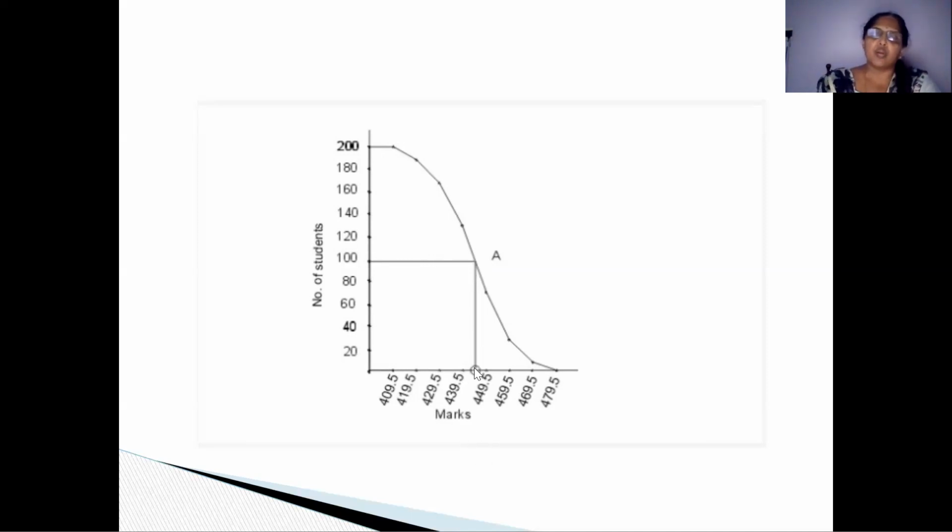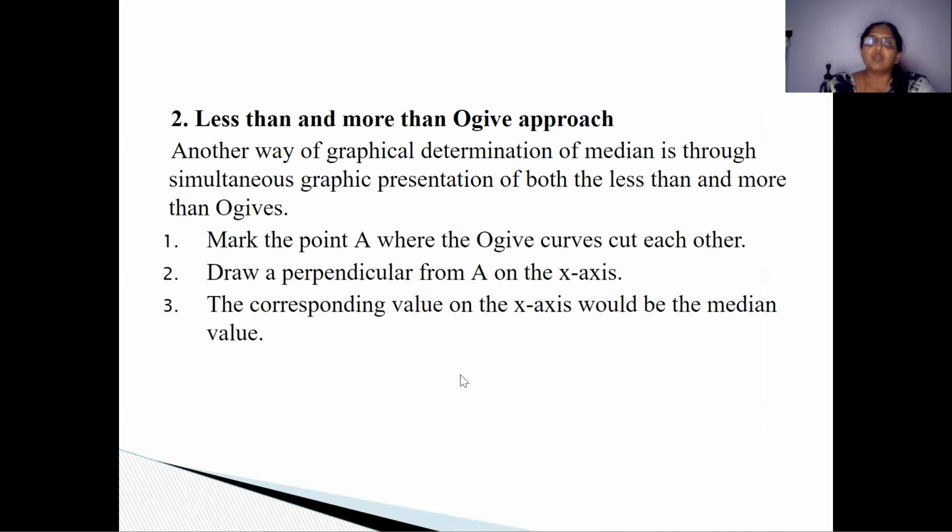Here also the same point is touched. If you calculate by using the formula, you get the exact value. This may be around 444, between these two lines, 440. This is the more than median.